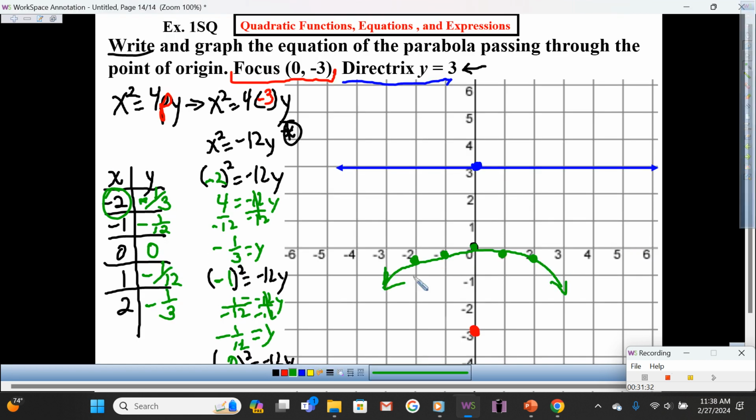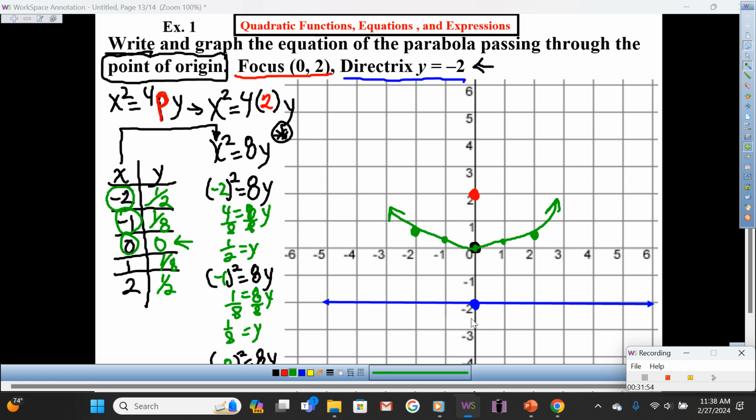If you were to tell someone by looking at the directrix and the focus, what would you say the parabola opens what? What would you say to somebody that walks in?